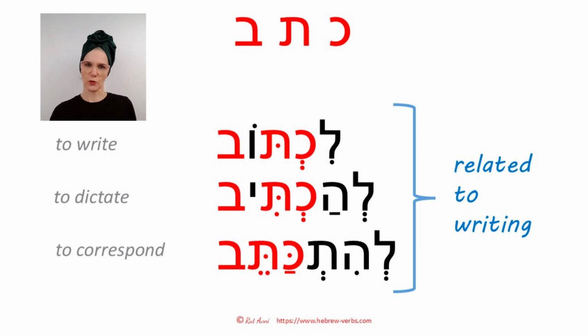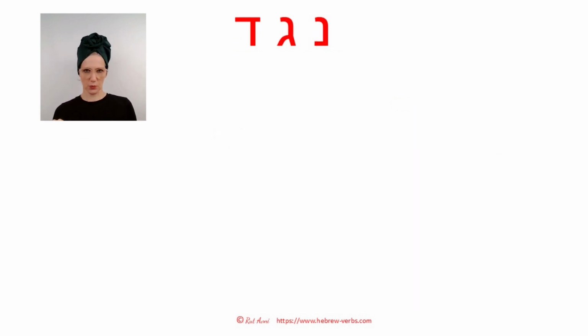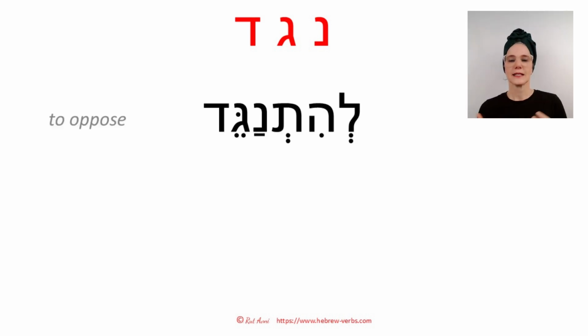Now let me show you a root, this one here. First of all, when you see a root that starts with nun, expect trouble in paradise. It's not you, it's the root, okay? So, example, we have here להתנגד. That is a great verb because hit-pael is very easy.